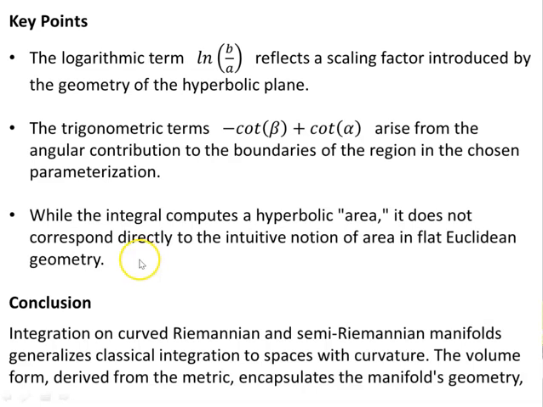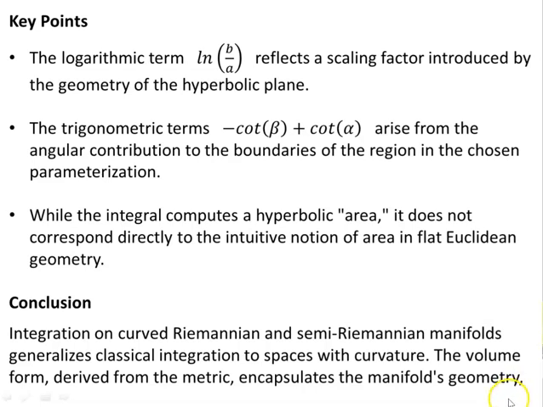All right, conclusion. Integration on curved Riemannian and semi-Riemannian manifolds generalizes classical integration to spaces with curvature. The volume form derived from the metric encapsulates the manifold's geometry. That's a point to make: the metric's role there is to encapsulate the geometry.